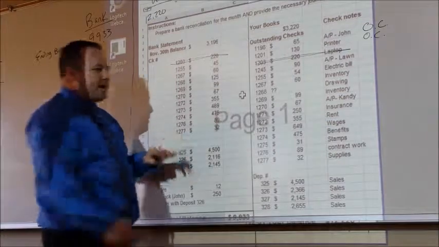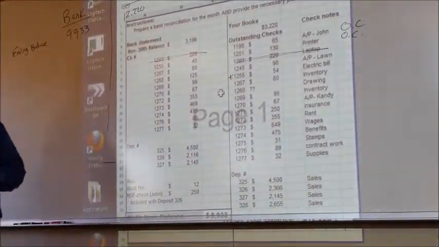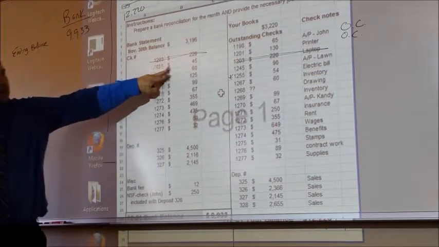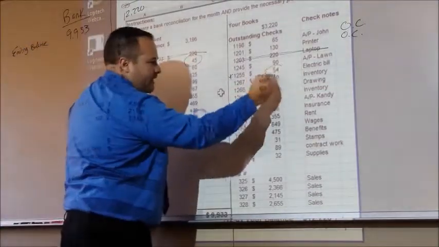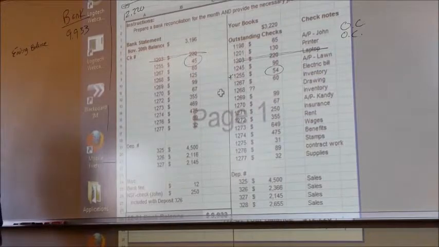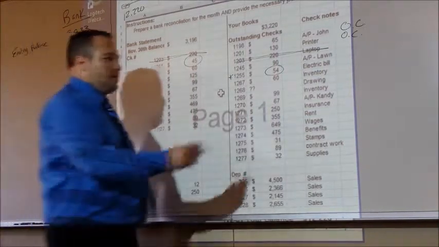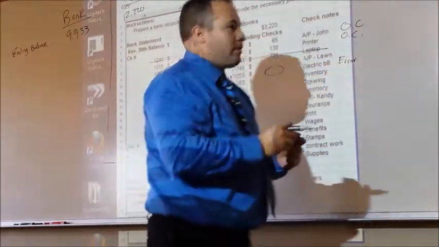But then say we come down here to, I'll skip one here, 1255. Well, we do have a check for 1255, but it's not for the same amount. 45 versus 54. We know that there's an error. And remember, anytime there's an error, we're going to assume it's our error.